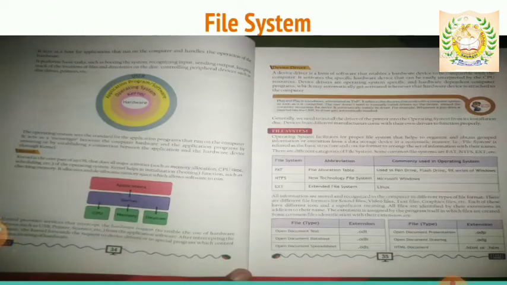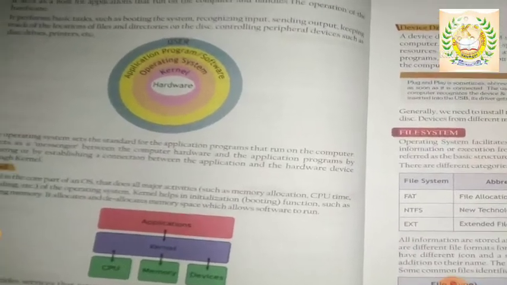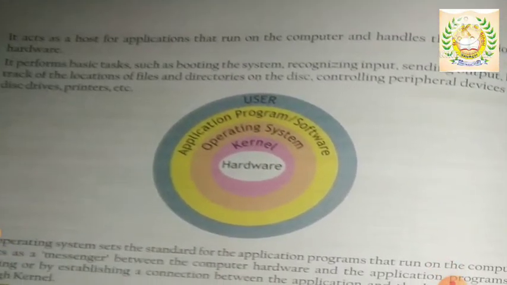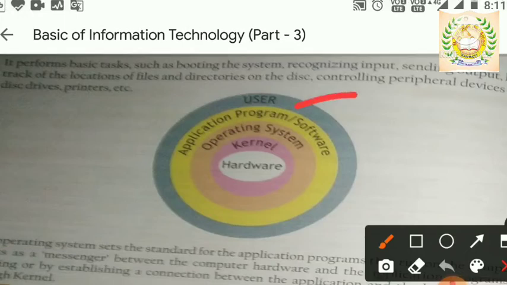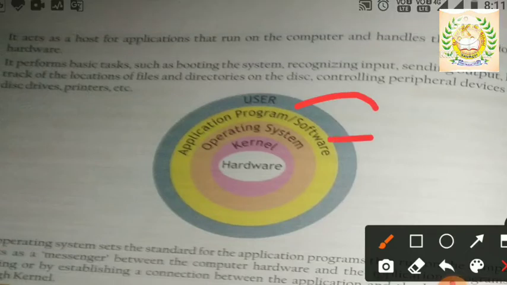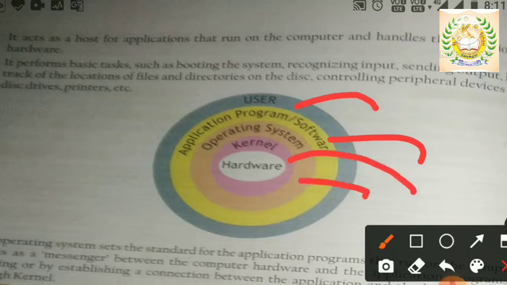The next is file systems. Before the file system you should understand this figure because this is very necessary. User, application software, operating system, and this is the kernel. After that, hardware. So we first have to understand what the kernel is.